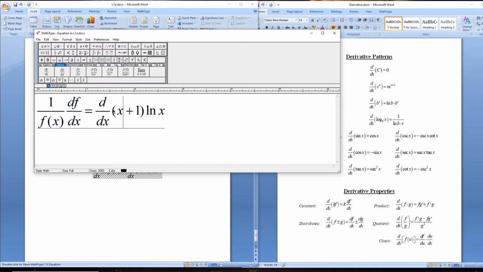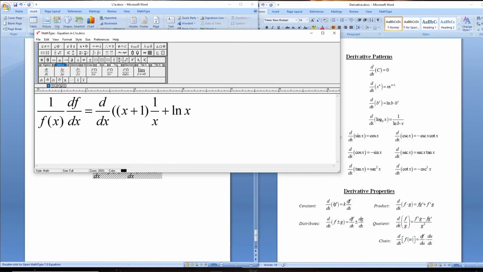And now on our right side, we have a power times a log, which gives us a product rule that we have to do here. So the product rule says f times the derivative of g plus the derivative of f, so this derivative here is 1, times g, log x.